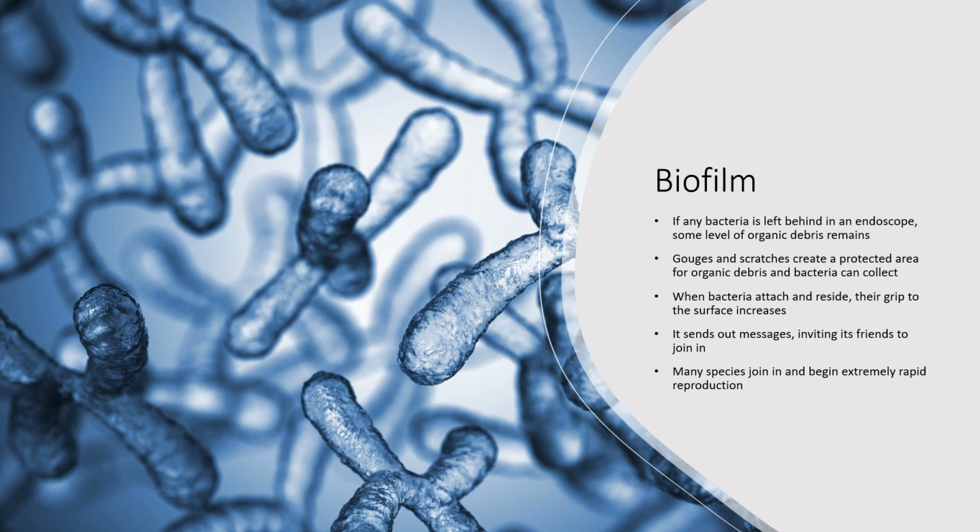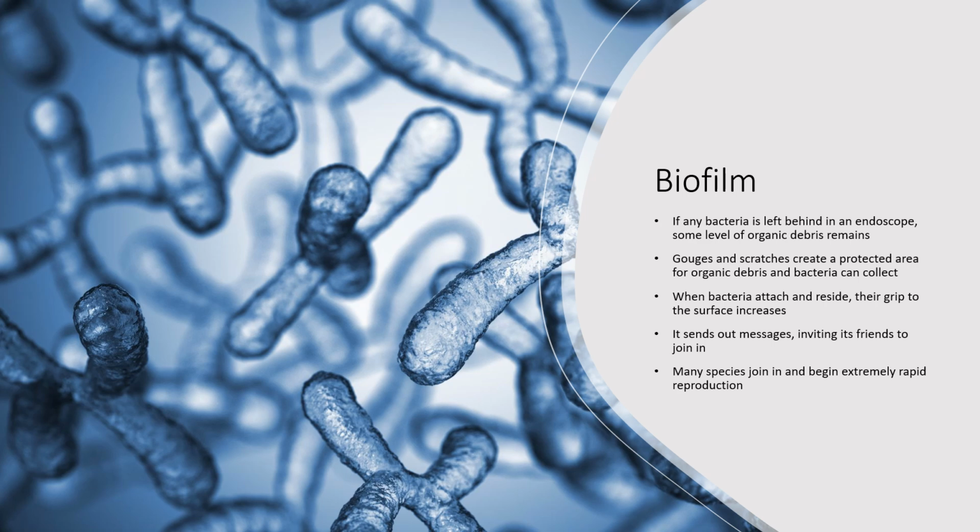Biofilm, we've heard this term before. It's the same as it is over in our other types of books. It is all the same. Biofilm loves to start in little scratches and gouges in our instruments because it's a great place for them to hide. It decides to call up its friends, they hang out, they release this protective gel over that area, and then one friend from this gel colony moves on to the next area and it forms its own colony there and starts inviting everybody to join in.